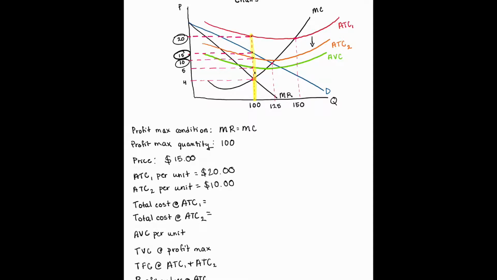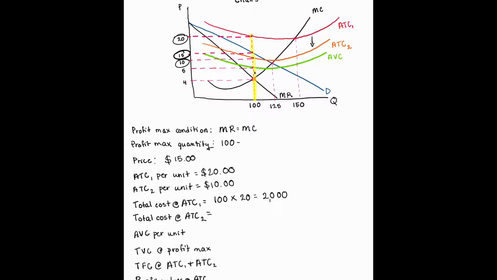So now let's calculate total cost using both of those per unit costs we've just determined. Our total cost at average total cost curve 1, using our profit maximizing quantity of 100, would be 100, our quantity, times 20 equals 2,000.